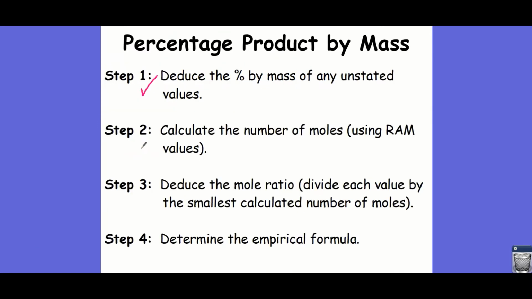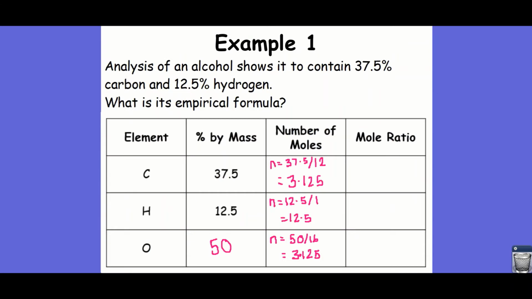So that's step 2 completed. The next step is to deduce the mole ratio, and you do that by looking for the smallest of your calculated values for step 2 and dividing the rest by it. So our smallest of our calculated values, well, it's both carbon and oxygen, so we would assign them a mole ratio of 1.